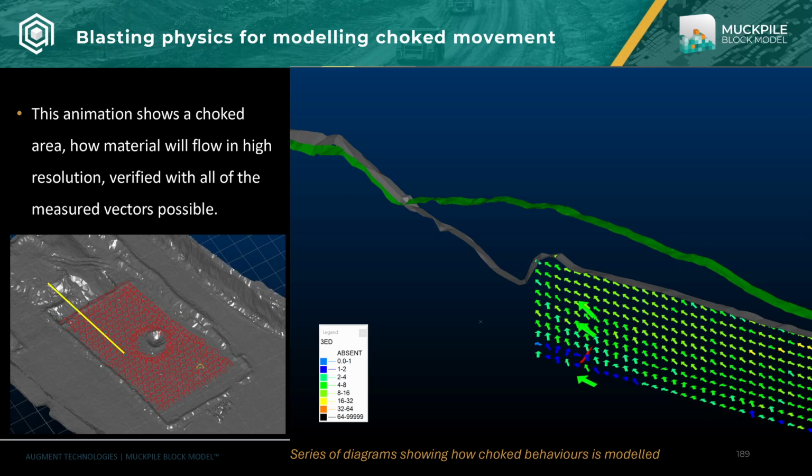So when the shot goes off, our physics simulation takes all of these estimates, where you can see the choked material at the front really is lifting up and moving around, whilst when you get further to the back of the shot where the burden and relief pattern steadies out, you get a lot more consistent and nominal movement. And the larger arrows there are actually blast movement monitors, which, where customers have them, we highly encourage those measured vectors as one way to provide evidence of movement, especially lower down in the shot.